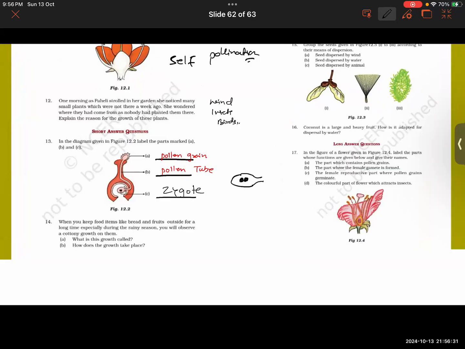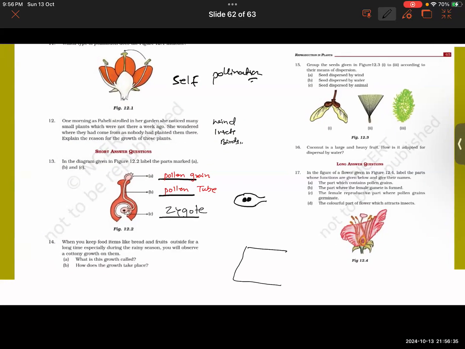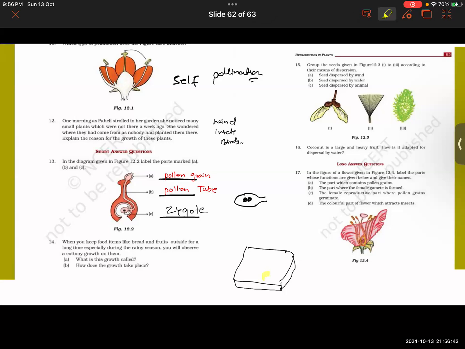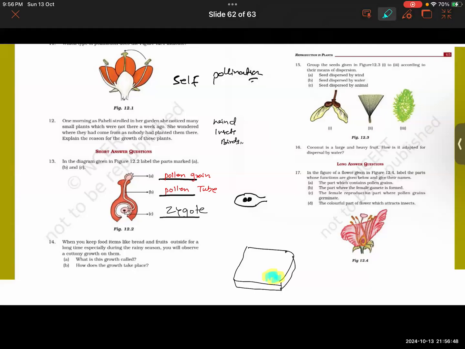So what is that growth called? See, for example, there's a bread. If you were to leave it in the open, after some time brown or red or green patches will develop on it. What do we call that?